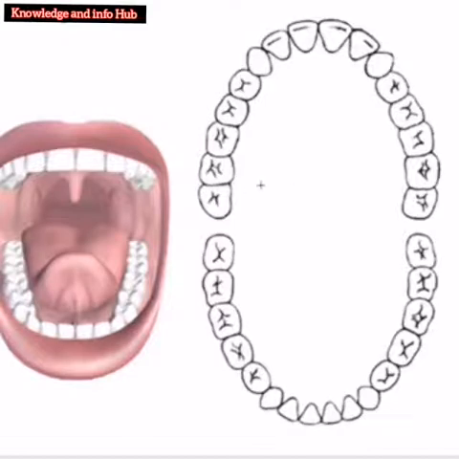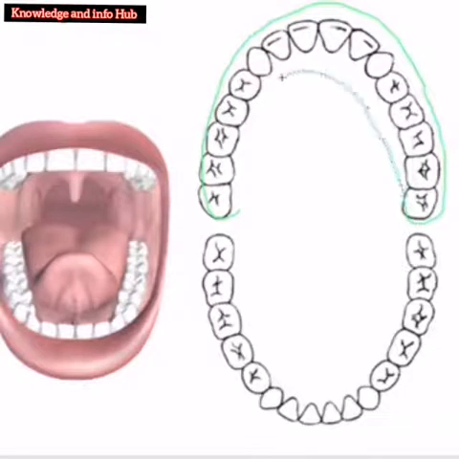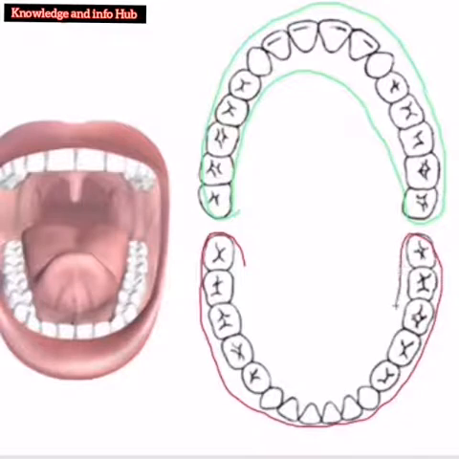Now, this collection of teeth, the upper teeth, are connected to the maxilla, or the upper jawbone, so we call this the maxillary arch, whereas the lower teeth are connected to the lower jawbone, which is called the mandible, and so this collection of teeth is referred to as the mandibular arch.